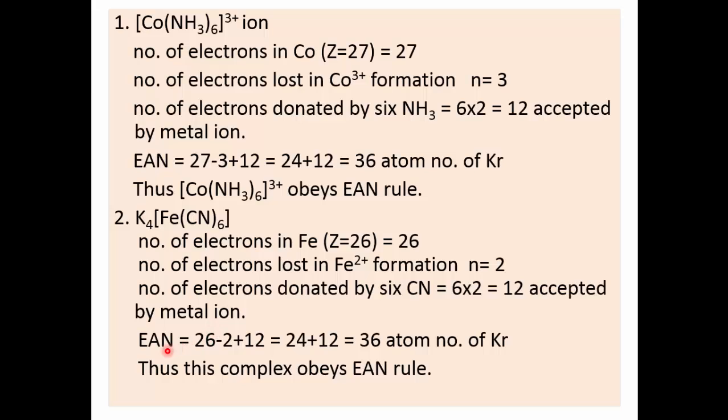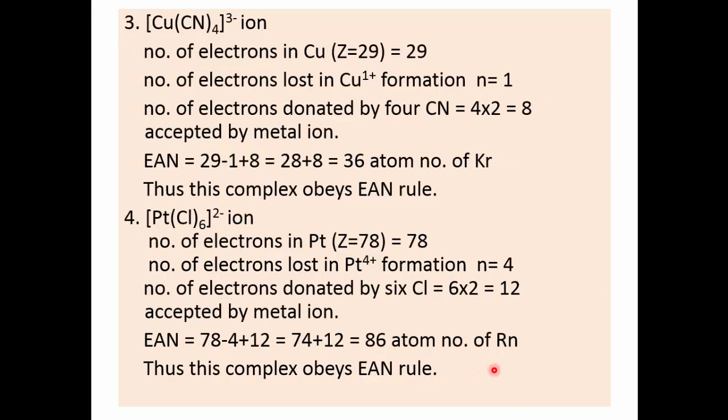Substitute these values in this formula. EAN is equal to 26 minus 2 plus 12, Z minus N plus X. This also becomes again 36, which is the atomic number of inert gas, that is krypton, and hence this complex obeys effective atomic number rule, EAN rule.